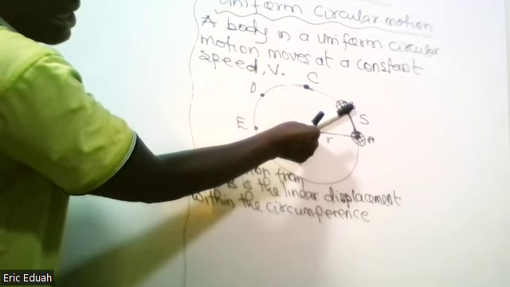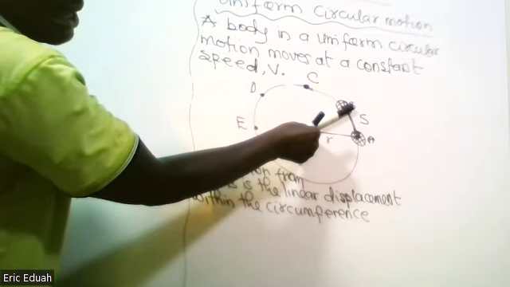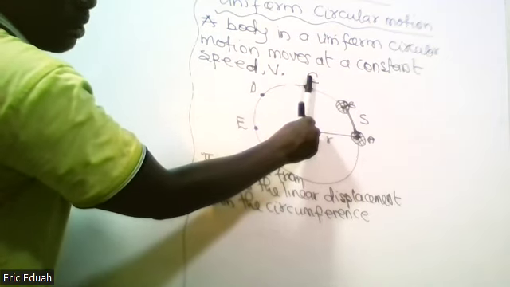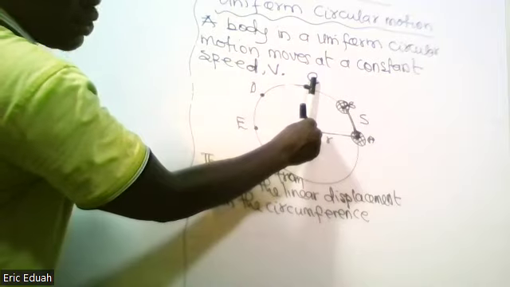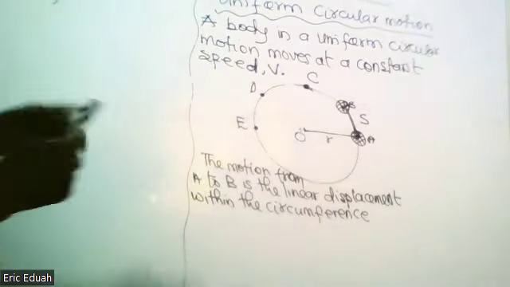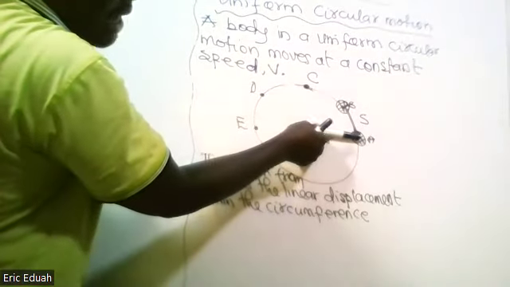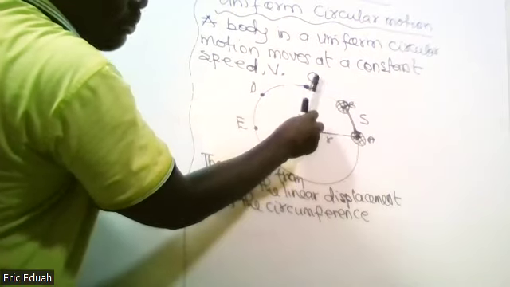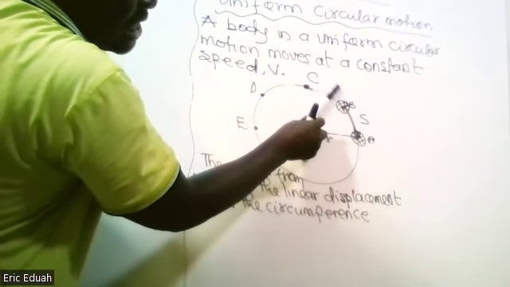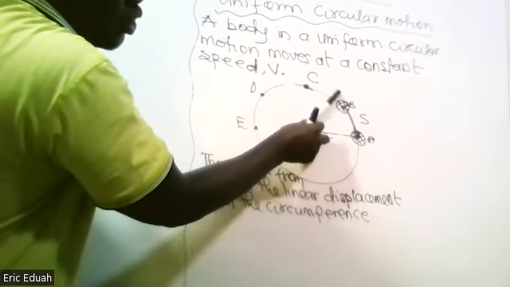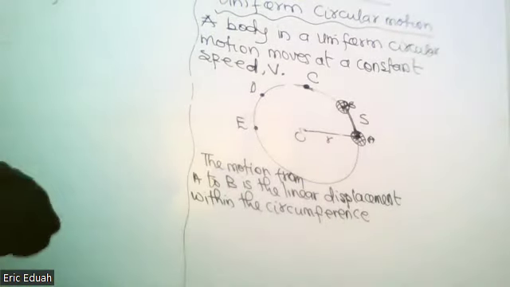From B to C, it's also as if the radius is sweeping an angle at the center. From C to D, the same thing. But we realize that as the linear displacement increases within the circumference, the angular displacement, or the angle swept at the center, is also increasing.